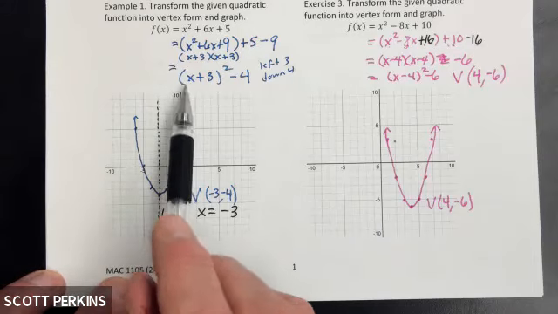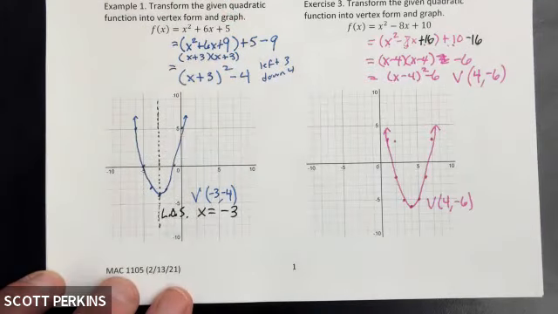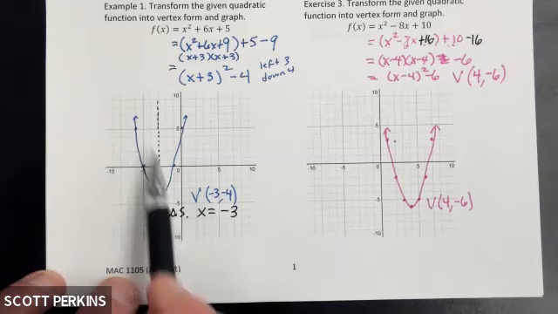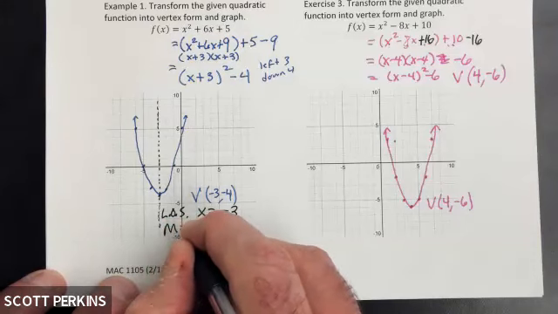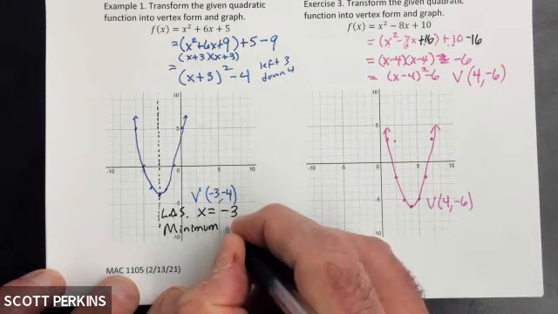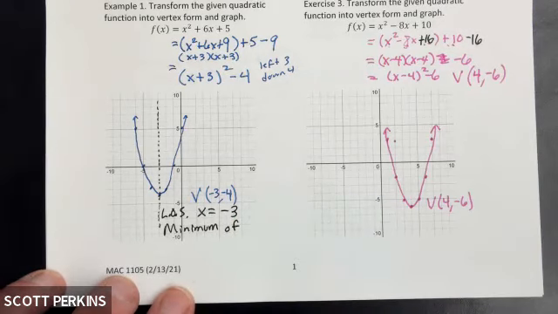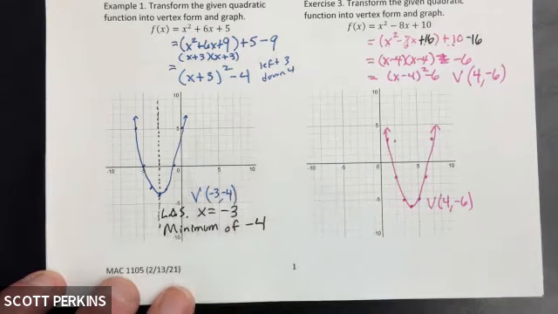There's no maximum on this because it keeps going up, up, up forever. But it does drop down to a minimum value. So when the parabola is pointing up like this one, arms in the sky, it has a minimum value. And that minimum value is whatever the y value is. When you're asked for a minimum or a maximum value, it's the y value. And so in this case, that was -4.